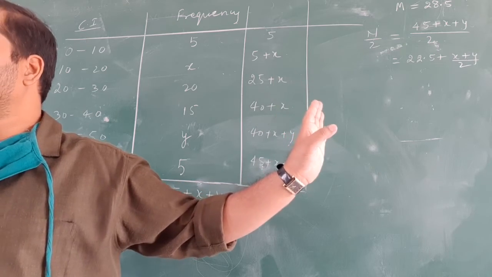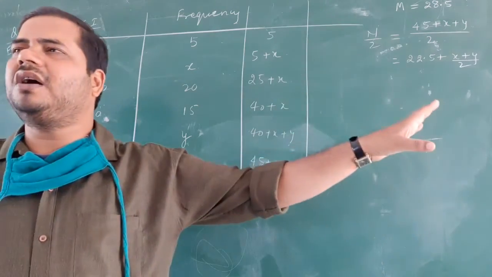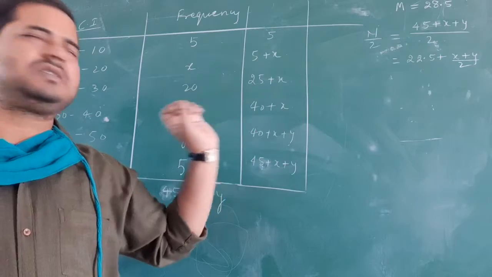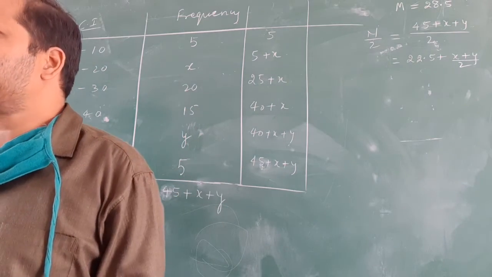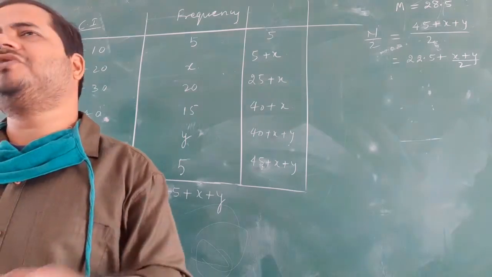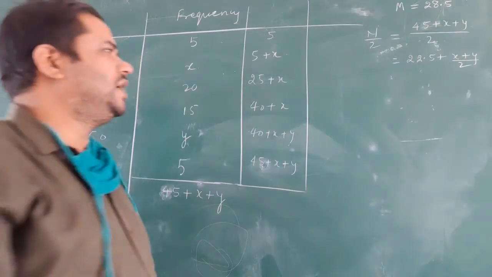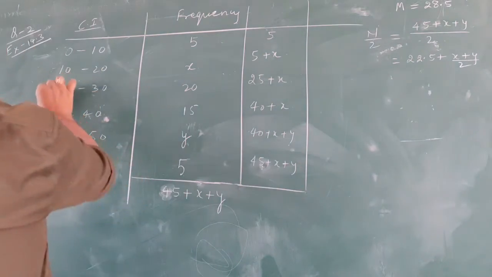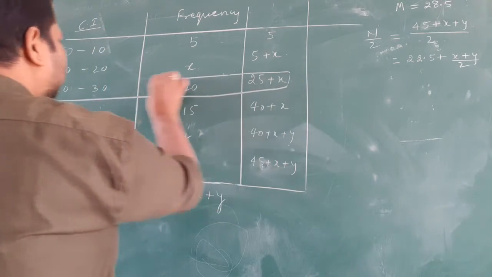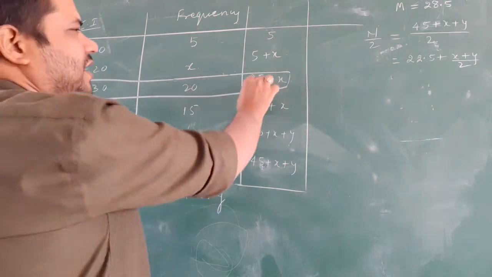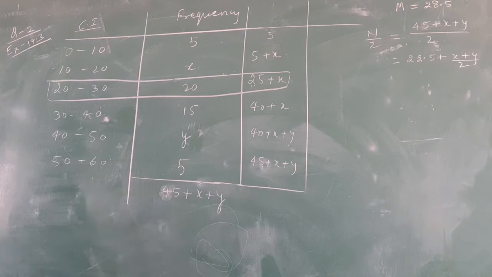You are free to select either, because you don't know x and y. According to whichever you select, you get the answer. So 22.5, this is the median class maybe, because 25 is nearest to 22.5. Clear?